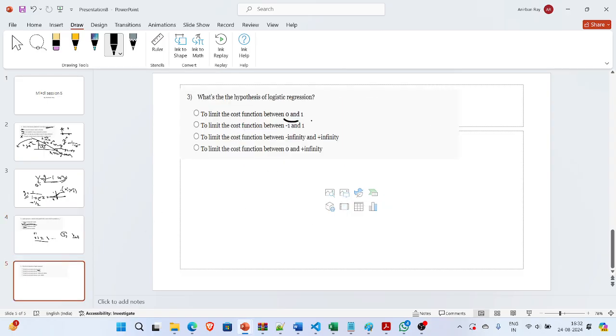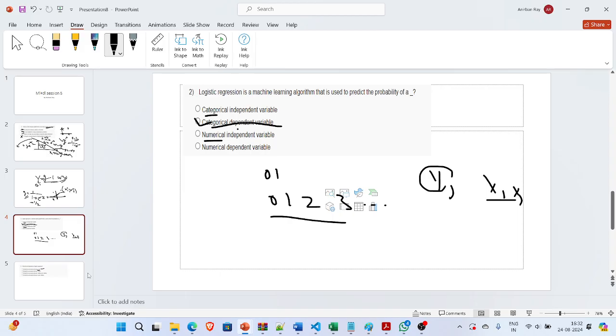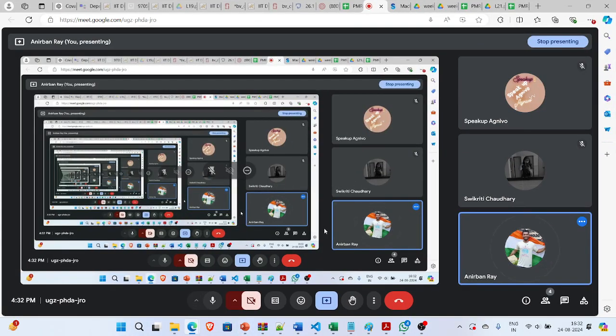And the hypothesis of the logistic function is between 0 and 1, so it's very simple to see, because our hypothesis is g of w transpose x, and g's range is 0 to 1. So our hypothesis will have range 0 to 1. Simple, right? Any doubt up to this?